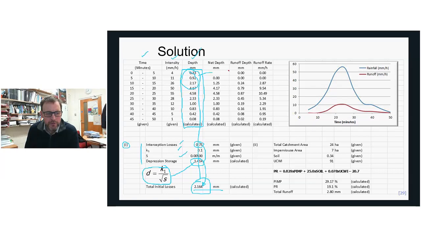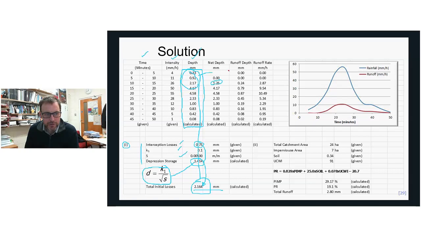So like the first time step says that the rainfall depth is 0.33 millimetres. Our initial losses is 2.164. So in the first time step, 0.33 of that 2.164 is used up, and then in the second time step, 0.92 is used up, and then once we get to the third time step, we've used up all of that 2.164, and what is left is this.